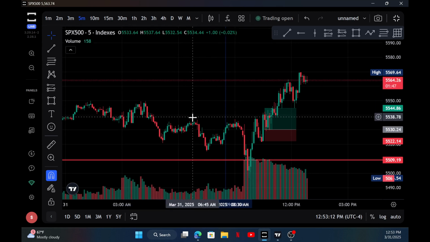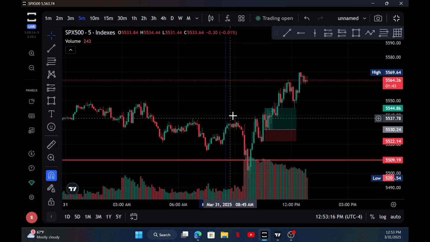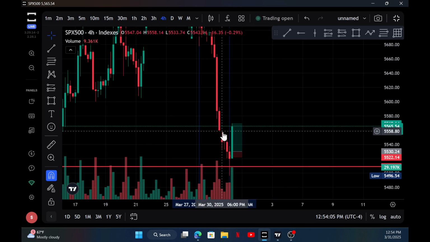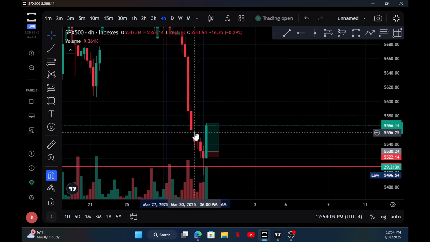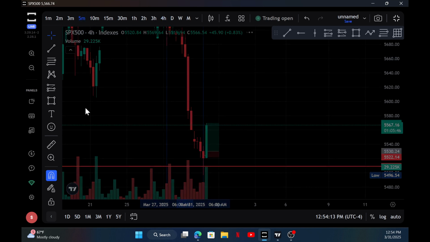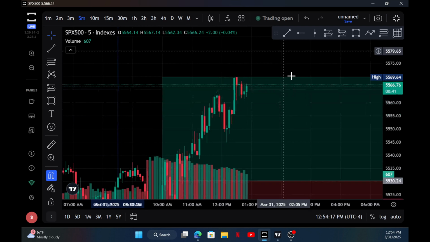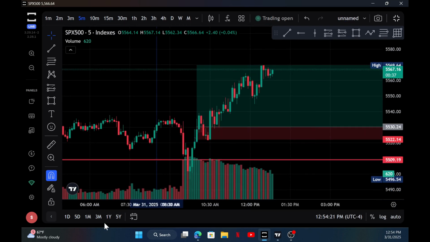Ideally, since I entered back down here, you could take some out around here, which I believe I did. I was aiming for the top of that here. But ideally, this gap where there's no wick to even the close price of this wick, that is where I was aiming. So let me show you guys the actual profit zones I took on this trade and why I took it in the first place.